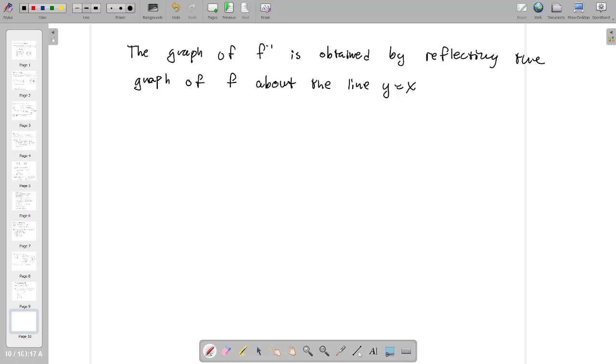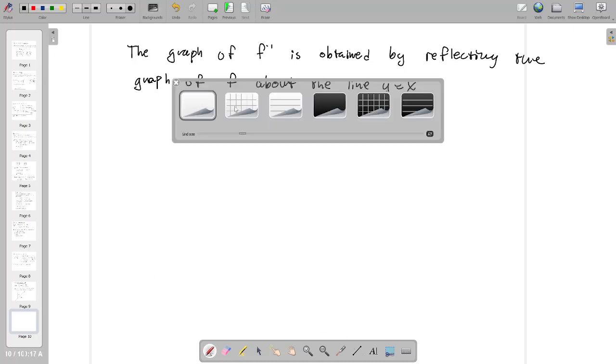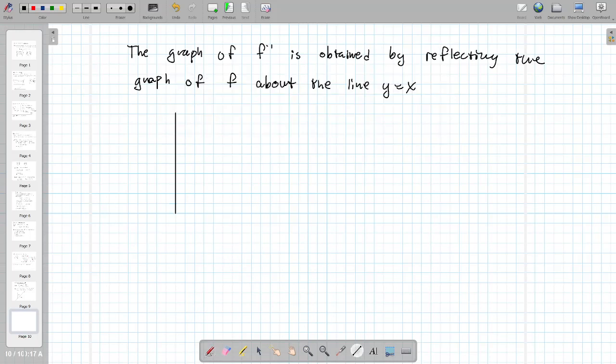Let's go ahead and do an example here. Here's our graph. All we need to do is reflect this graph about the line y equals x in order to find the inverse.